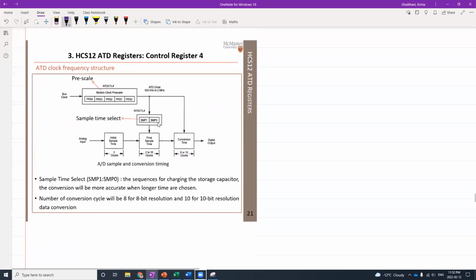Now, let's look at the clock frequency structure and practice this one a little bit more later using some examples. As I mentioned, if this is, let's say, 8 megahertz, it will be delivered by the prescaler, right? And then this one will be set based on the application that we are looking for. And then it will be sent to the sampling right after here.